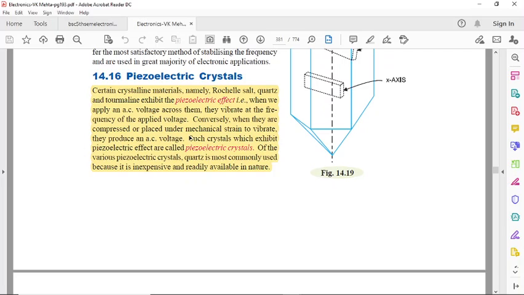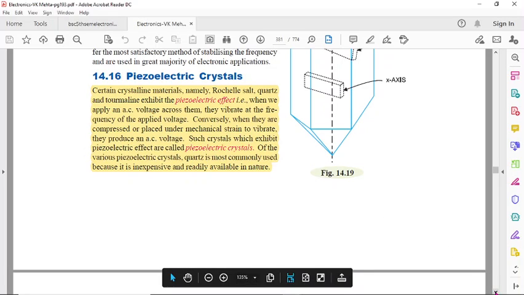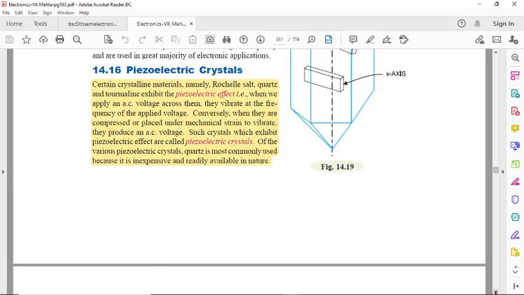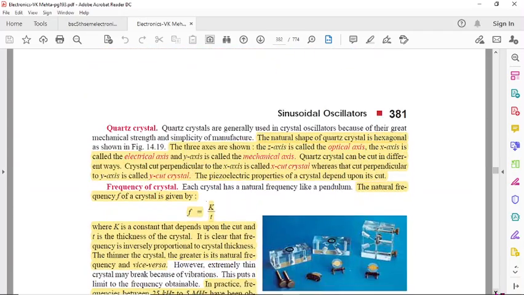Such crystals which exhibit piezoelectric effect are called piezoelectric crystals. Mostly we use quartz crystal because they are less expensive and they are easily available in nature.